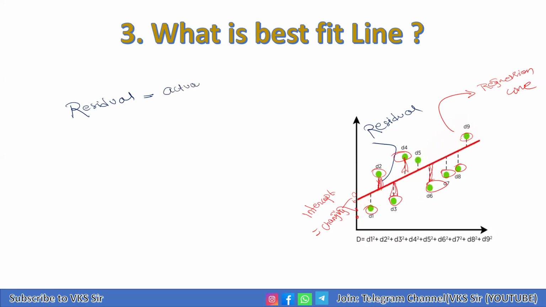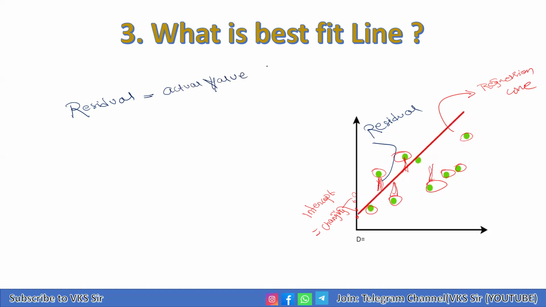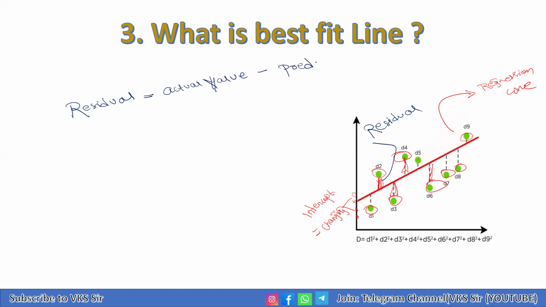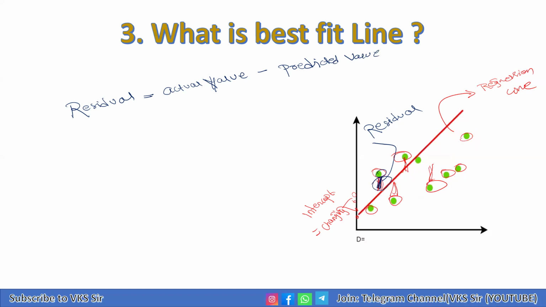So actual value minus predicted value. Now look at this part: there is some gap, and this gap is nothing but the residual, or you can say the error part.